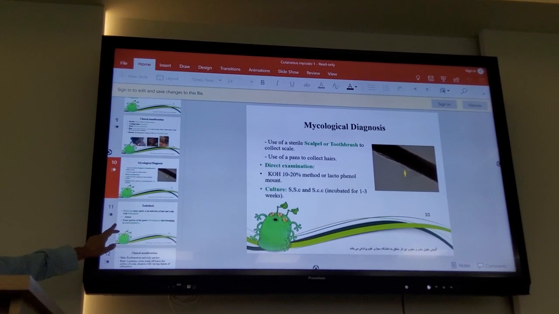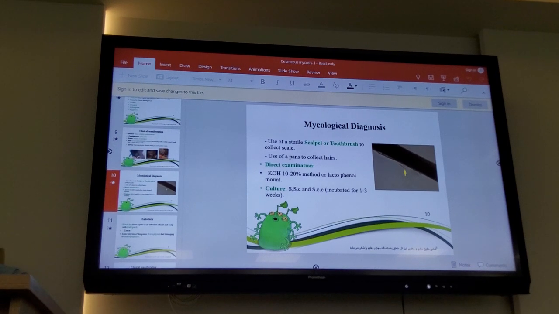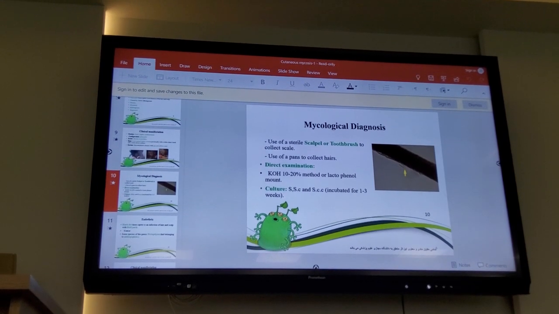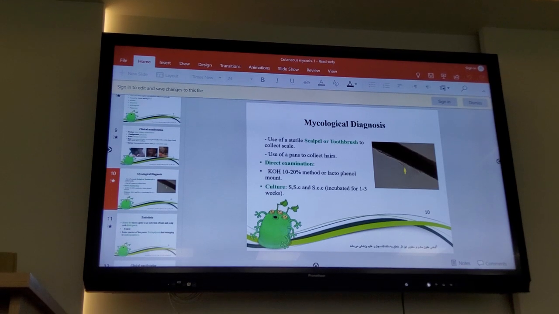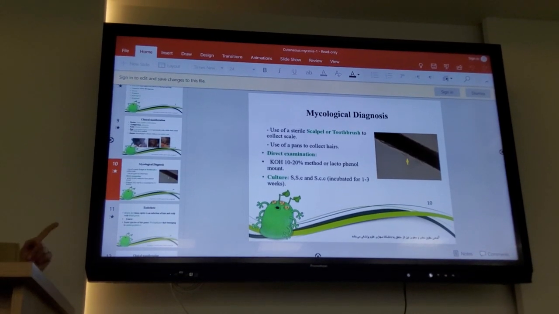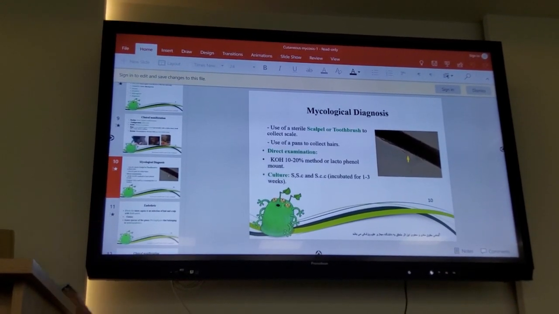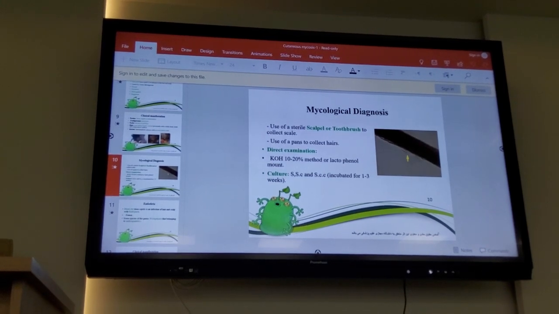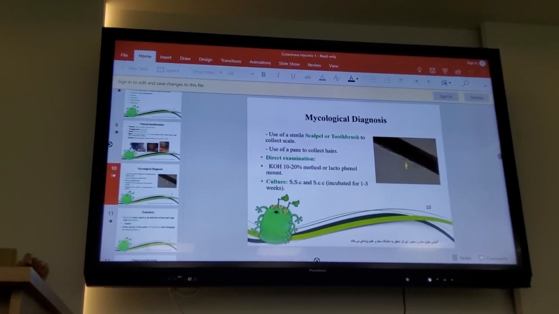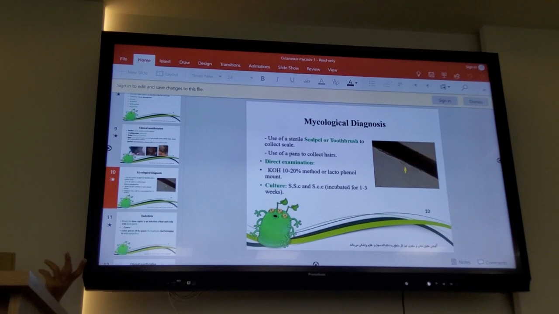So the culture method, how many days to get the answer? For culture and isolating dermatophyte, we need a media named SCC, I will explain it later. SCC: Sabouraud with chloramphenicol and cycloheximide.